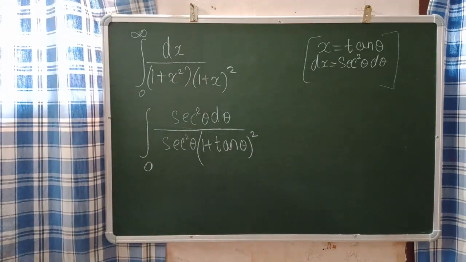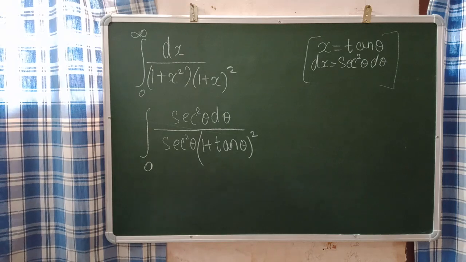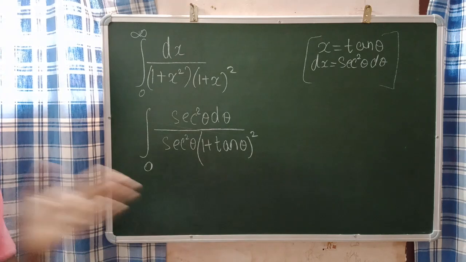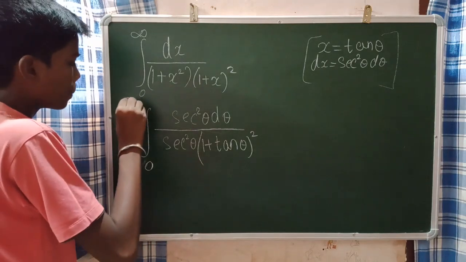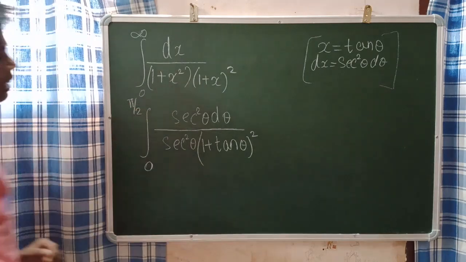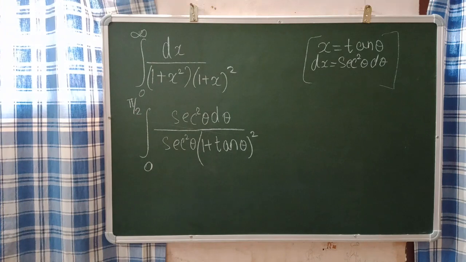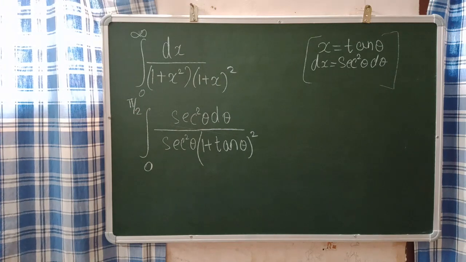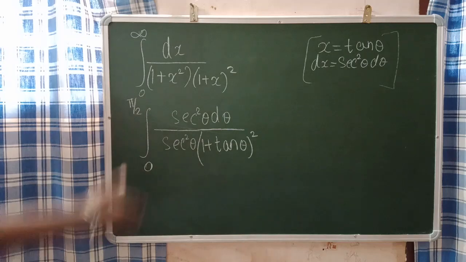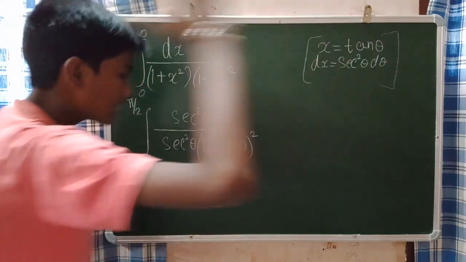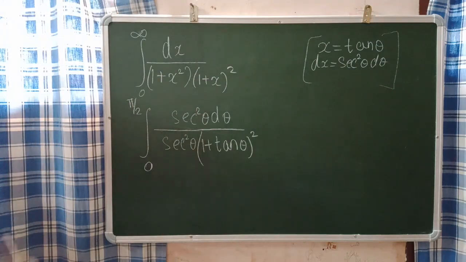That's only possible when theta is equal to pi by 2, because tan of 90 degrees is infinity. So this will be pi by 2. This is the basic way of changing the limits when you are using substitution. Your limits take the value of theta's value. That is very important. I said it 1000 times.